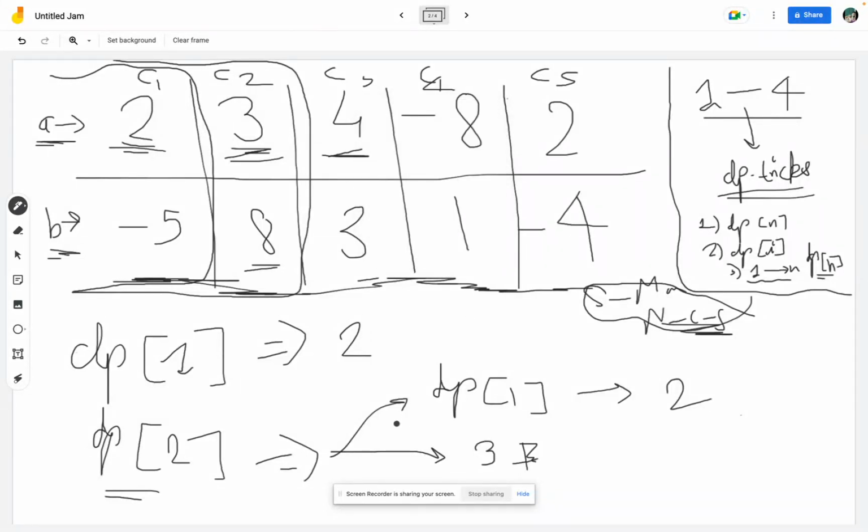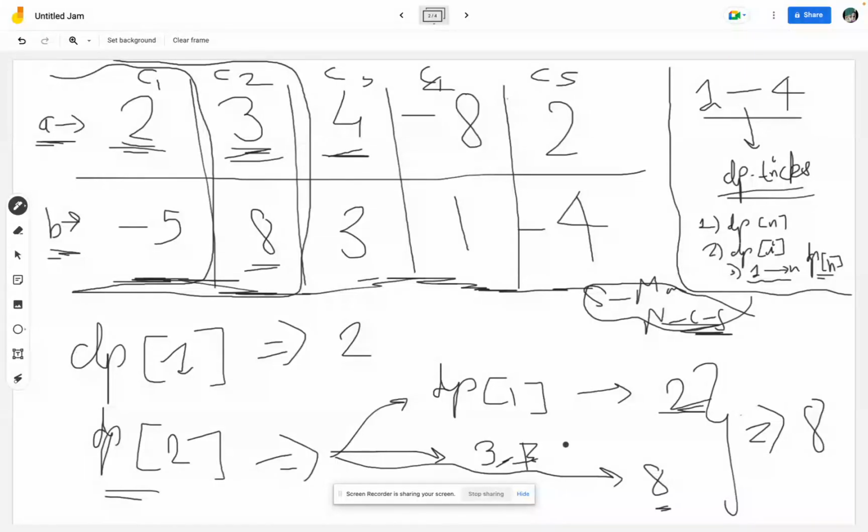And the second thing I can do is use 8. If I use 8, again I cannot use 3 or 2 or minus 5. So the answer can be either 2, 3, or 8. What is the maximum of all? 8. So I will be using 8. So guys, it is clear that dp of 1 is 2 and dp of 2 is 8.